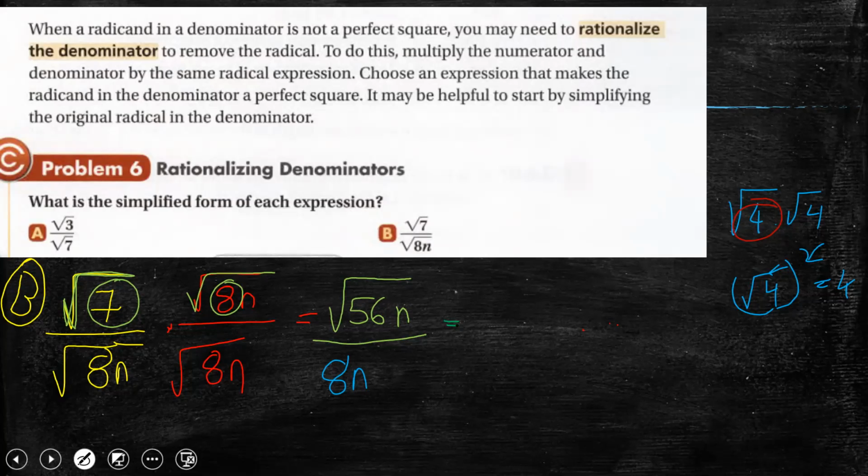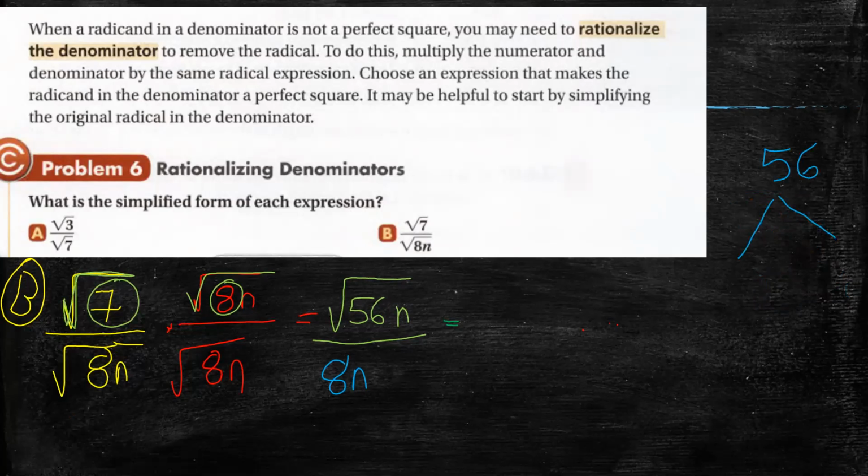No, it's not a prime number. If you now factorize it, give me two numbers that, if you multiply them, you get 56. 7 and 8. Are 7 and 8 prime numbers?